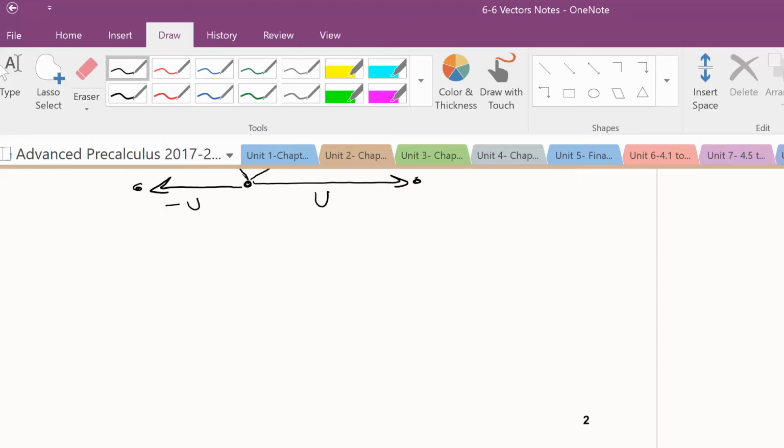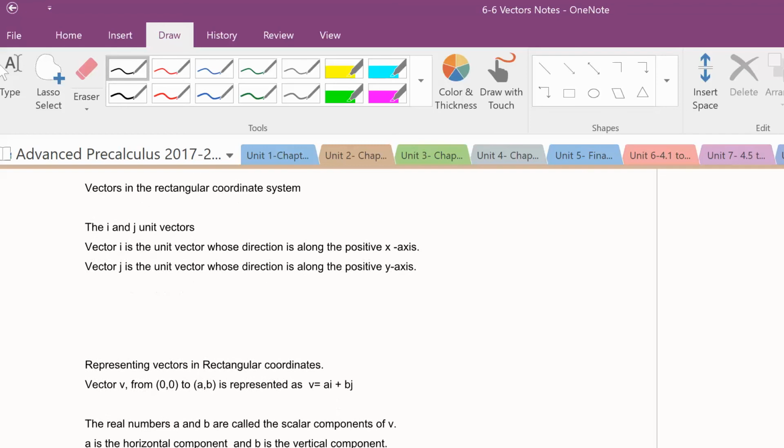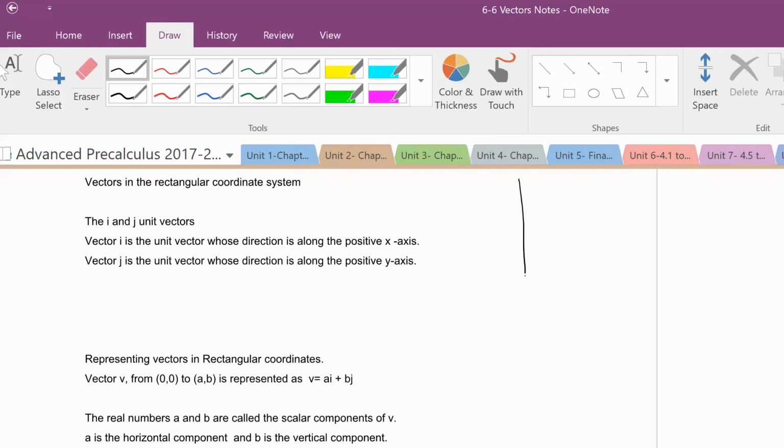Well, next we're going to talk about vectors in the coordinate system. And here's the y-axis, and here's the x-axis. The vertical axis here, the y-axis, that is considered the j vector, which is 1 unit in length here. And then we have the i vector, which is 1 unit in length on the x-axis.